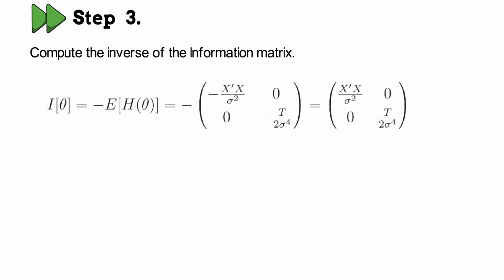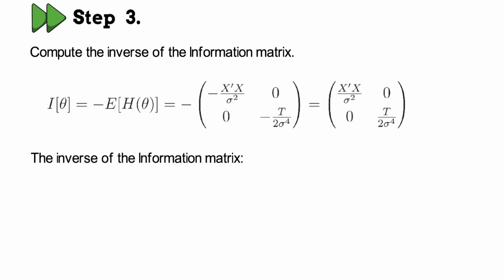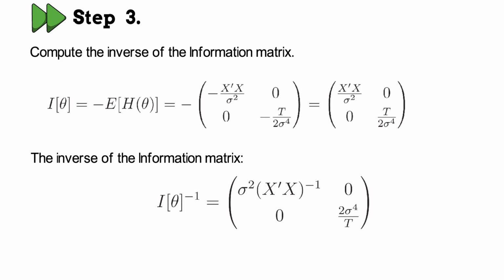Now finally, the inverse of the information matrix: since all off-diagonal elements are 0, the inverse is really easy. Just take the inverse of each diagonal element itself, and you therefore see that the inverse of the information matrix takes this nice, simple-looking shape. Now, if you look at that, you basically see that we've determined the variance matrix of our maximum likelihood estimates.